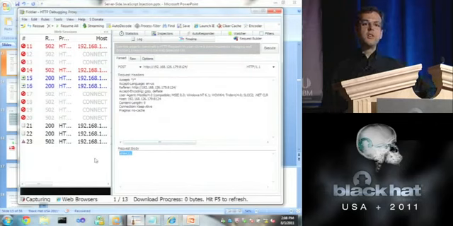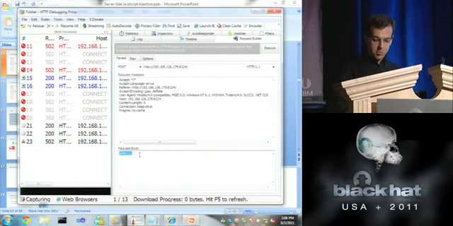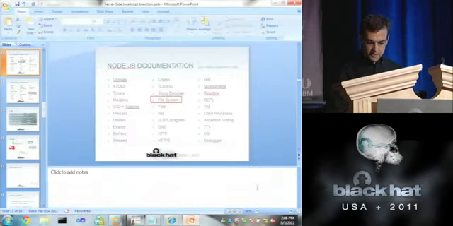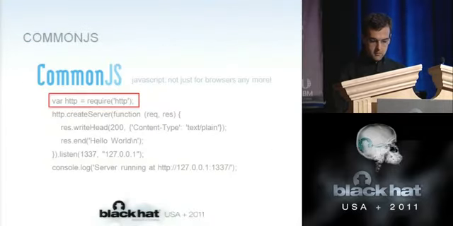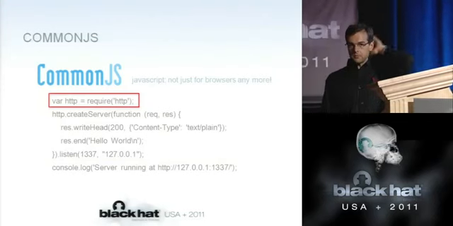One thing you can do is read arbitrary files and directories off of the server. By the way, I didn't mention the functionality where it pulls in this HTTP module.